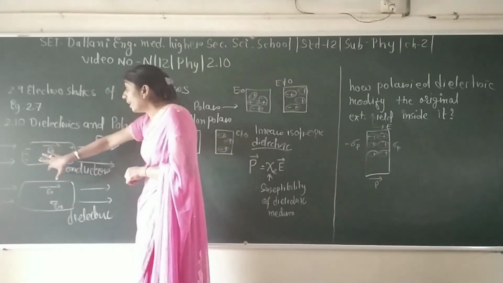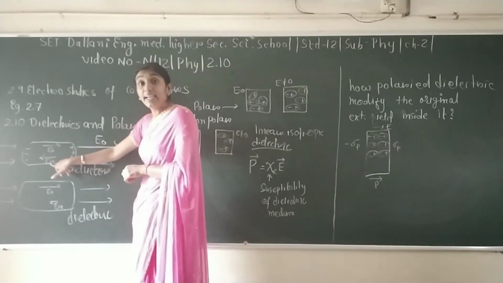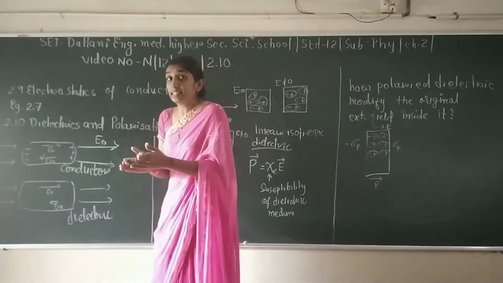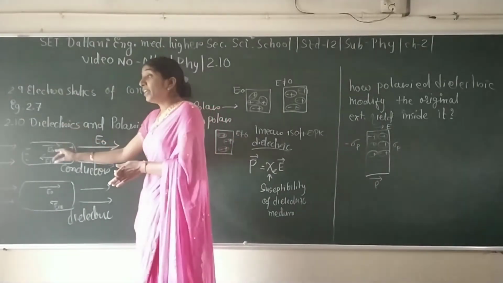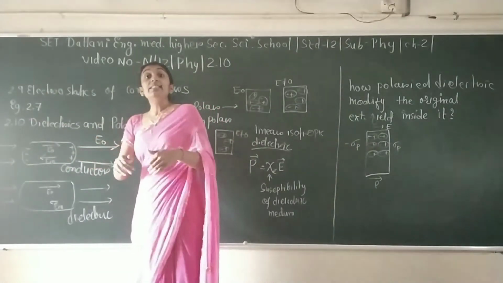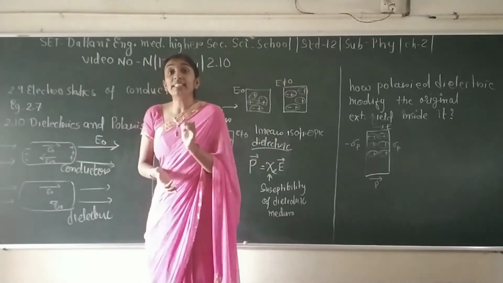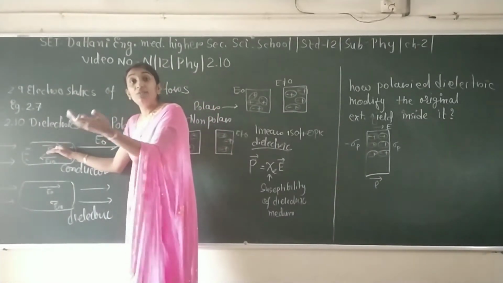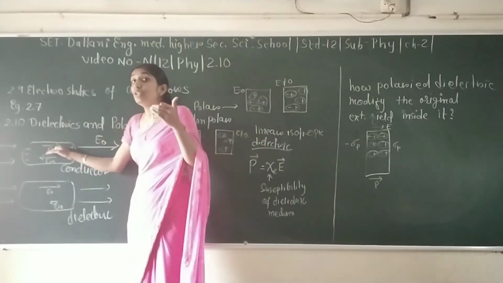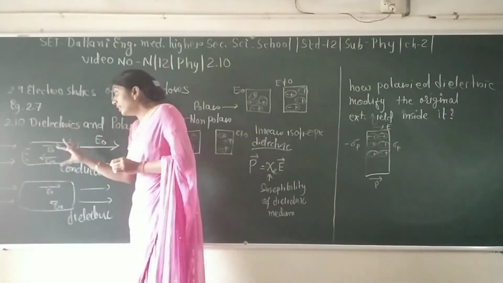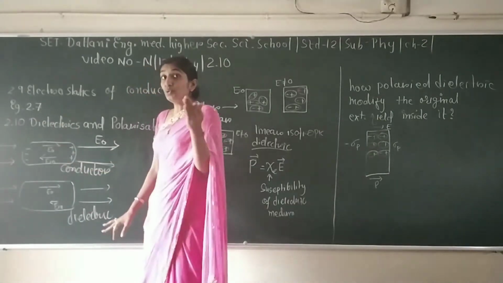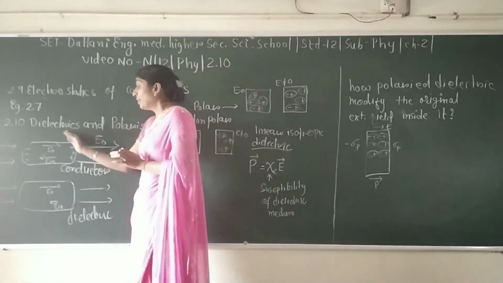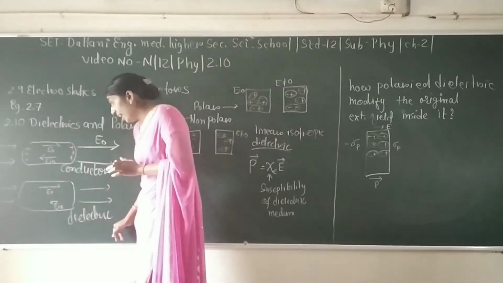So the electric field induced inside the conductor is exactly opposite to the external field, and therefore we can say that the electric field inside a conductor is always exactly zero, because the applied external electric field is always equal to the induced electric field. This is so clear that you don't need to do it again. Now let's move on to dielectrics.